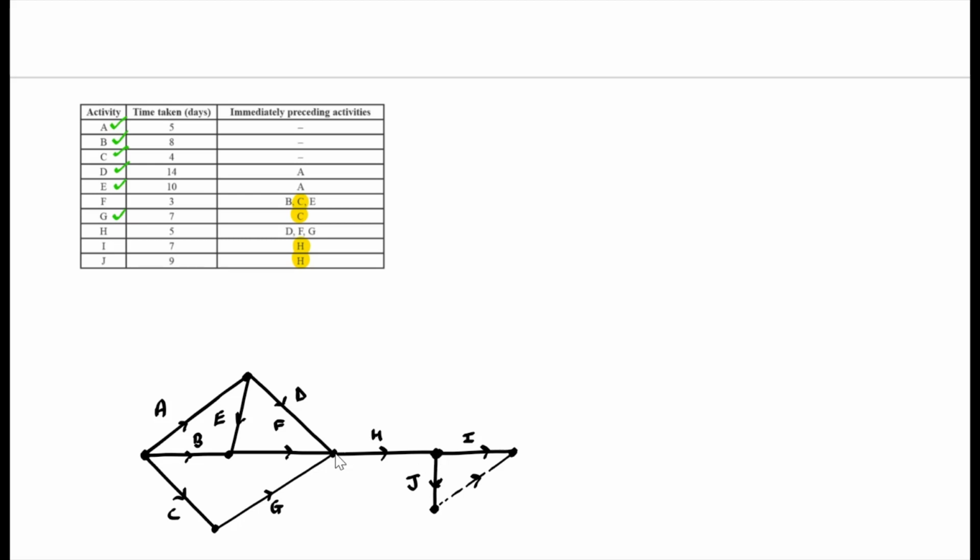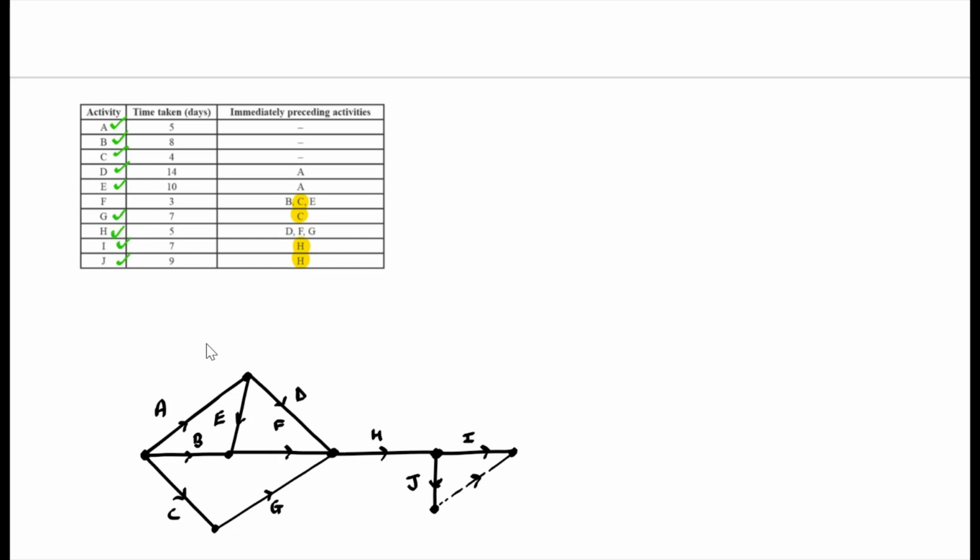Okay, so you'd find that to complete I and J. So that's I and J. Now if we take a look at H, H depends on D, it depends on F, and it depends on G. So that's done.